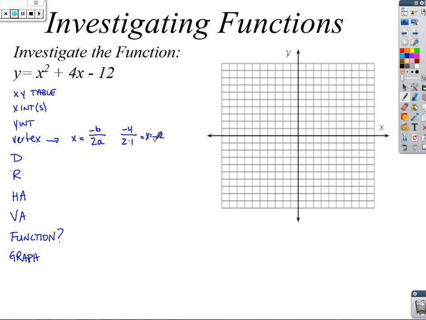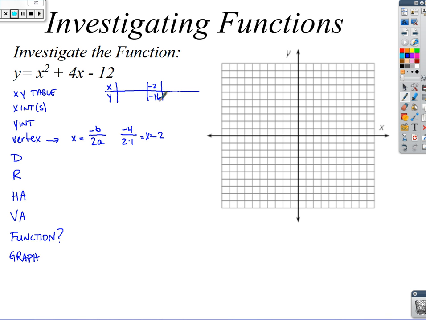So then I just substitute negative 2, might as well make that one of my table values, into the function and determine the y value. So negative 2 squared is 4. 4 times negative 2 is negative 8. So 4 and negative 8 make negative 4. Negative 4 minus 12 is negative 16.